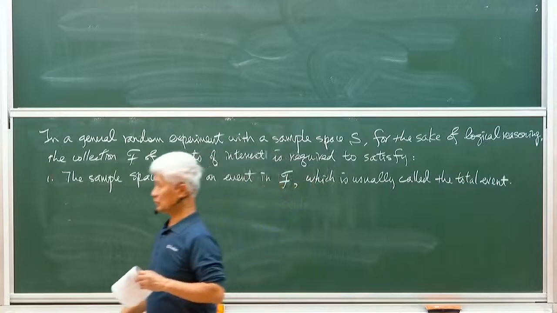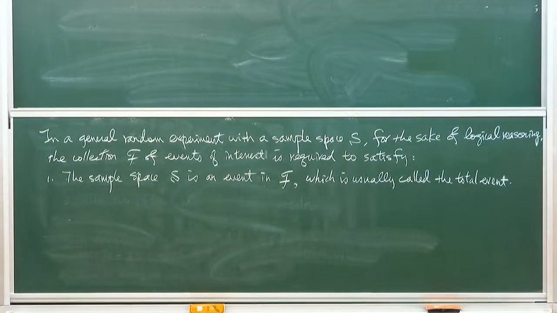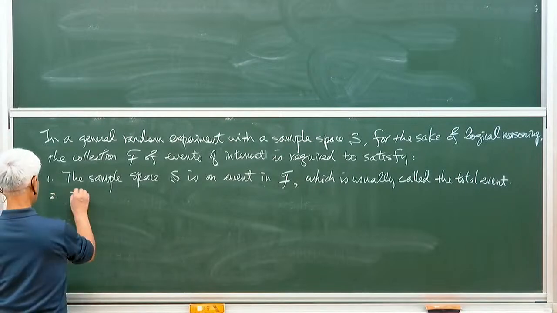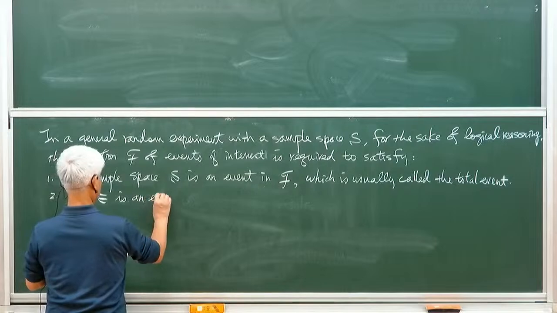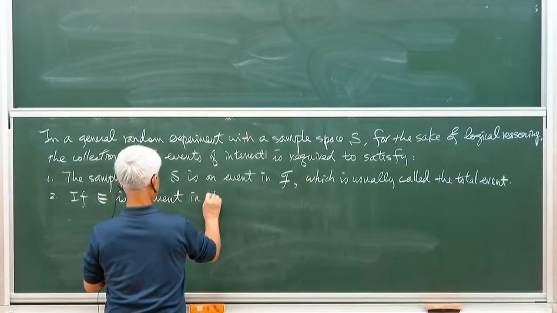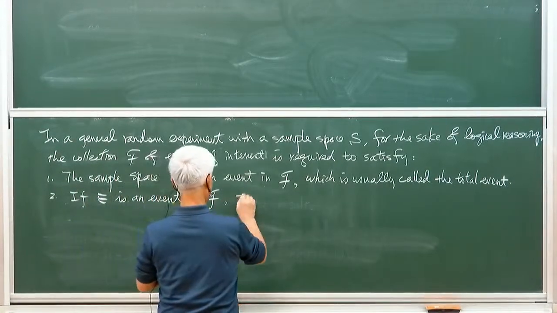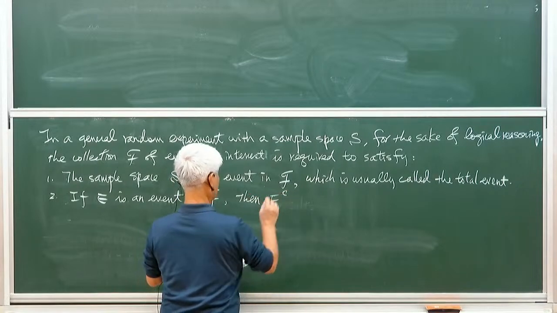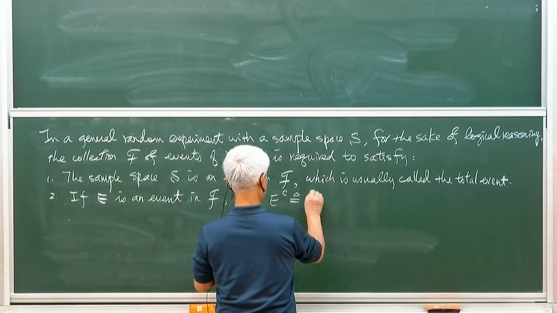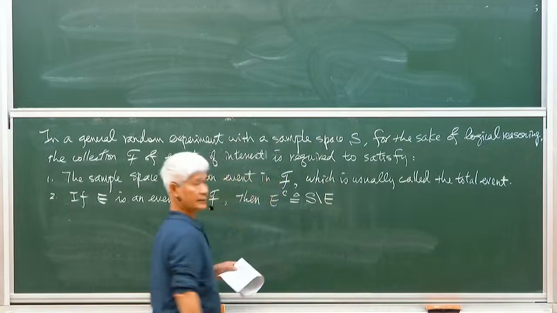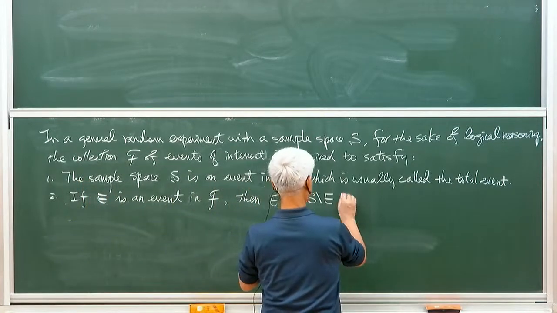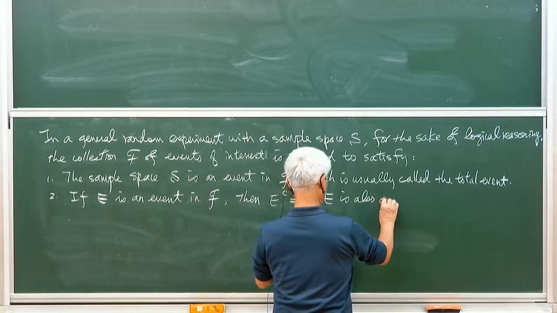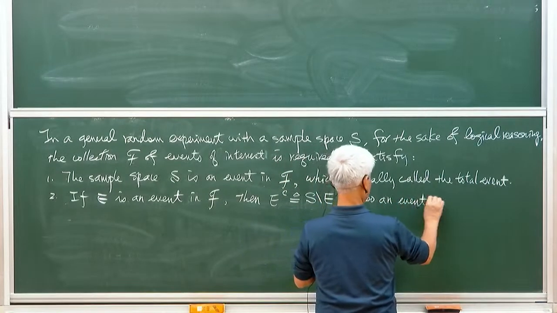Okay. So the total event is specific for the sample space. Second, if E is an event in F, then the complement of E, the definition is here, is X minus E. Okay? It's also an event in F.